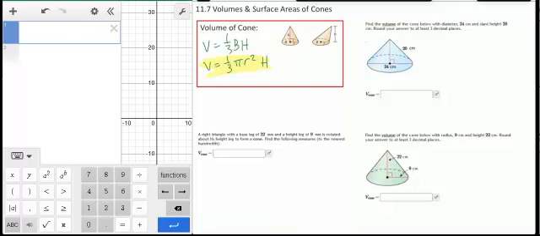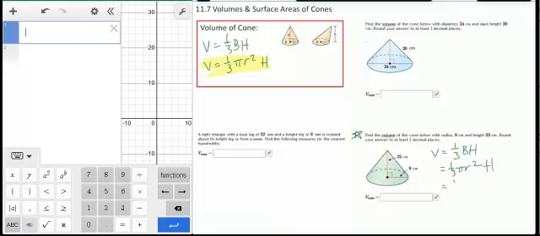Okay, so if we were looking to solve this particular question, let's look at this one first here. If we look at this problem right here, we see that we're dealing with a cone and finding its volume. So 1/3 capital B, capital H, where the base is a circle, pi r squared.